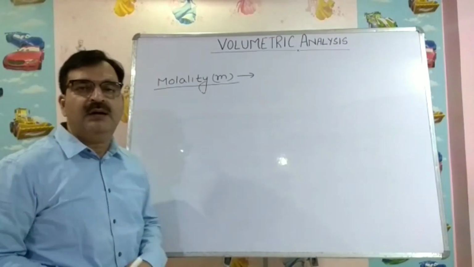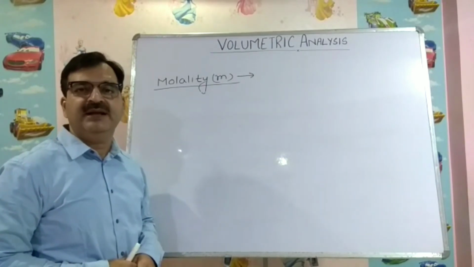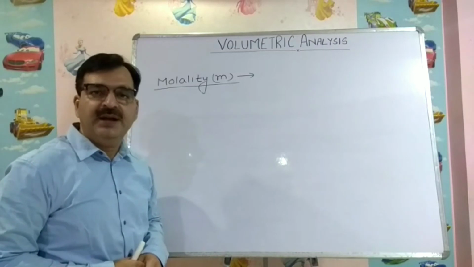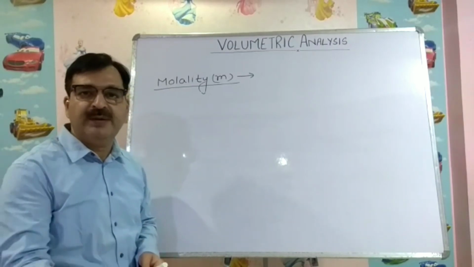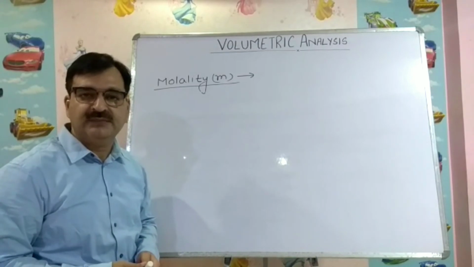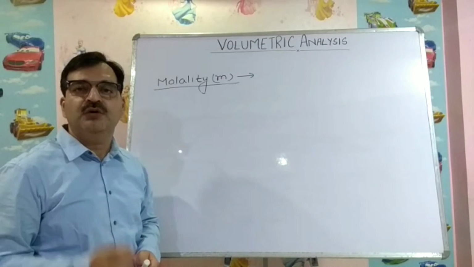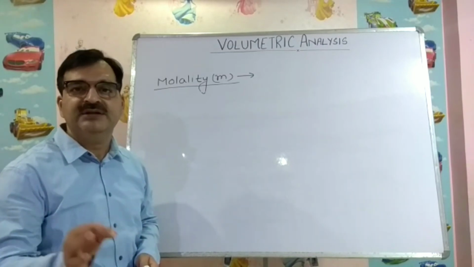Now after molarity we have the next term, that is molality. It is represented by small m. It is the number of gram moles of solute dissolved per kg of solvent.